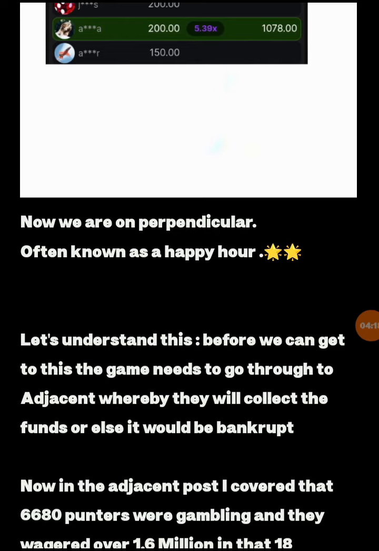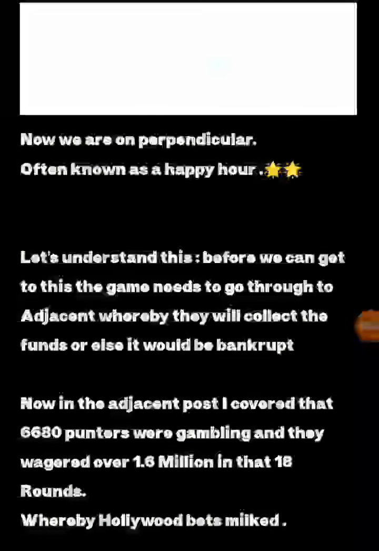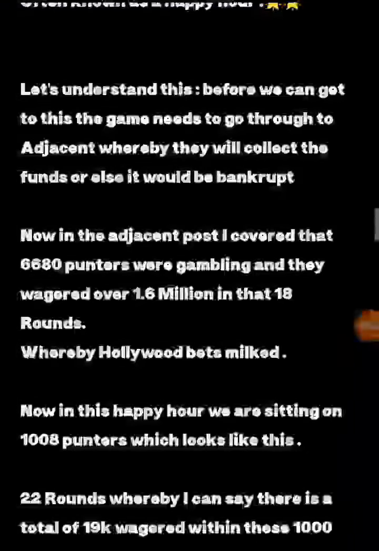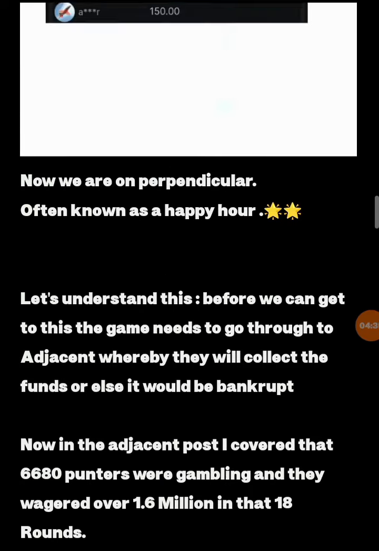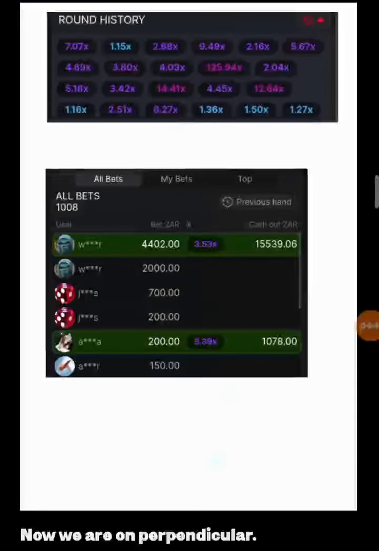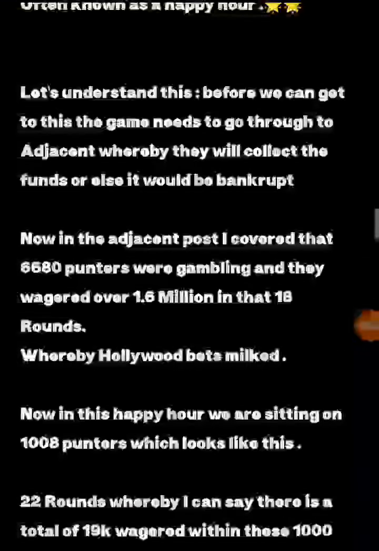Now this adjacent post that I covered, 6,680 punters were gambling and they wagered over 1.6 million in those 18 rounds, whereby the house made money. Okay, now in this happy hour, we are sitting on 1,008 punters, which looks like this. Can you see? It's a happy hour. 12x, 1400x, right?